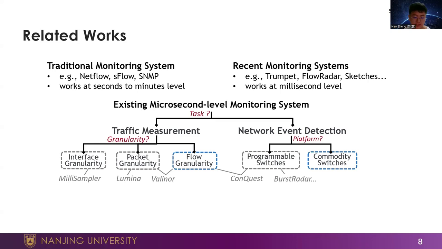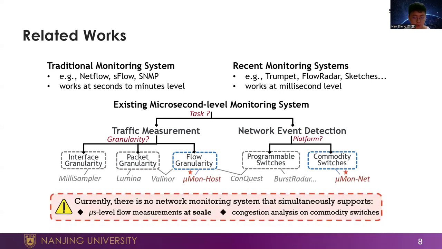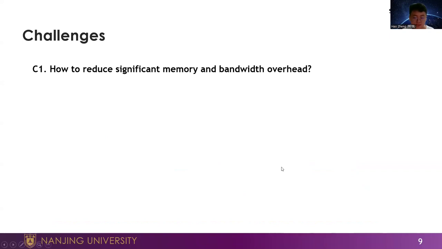As for detecting network events, existing fine-grained solutions rely on programmable switches. To conclude, there is no network monitoring system that simultaneously supports microsecond-level flow rate measurements at scale and congestion analysis on commodity switches.